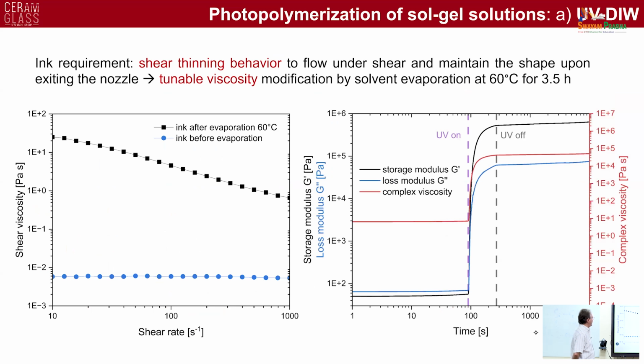The ink requirements are that you need a shear thinning behavior, as we already mentioned, and tunable viscosity, because we used solvent evaporation as a way of controlling the retaining of the shape. And by applying UV to the feedstock, you can trigger the photopolymerization very quickly, because the solution is very transparent, and increase the viscosity.